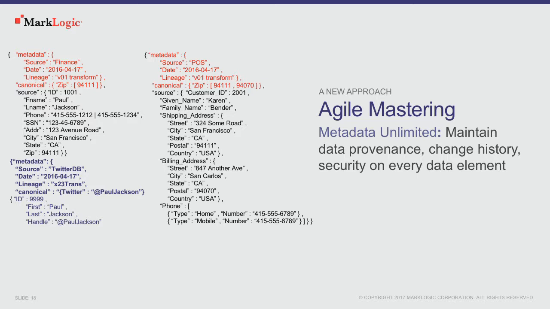Now, in ETL, you have a lot of data getting left behind. You have data lineage getting lost. You're transforming the data and making changes to it so that it can conform to the rigid columns of the destination database.